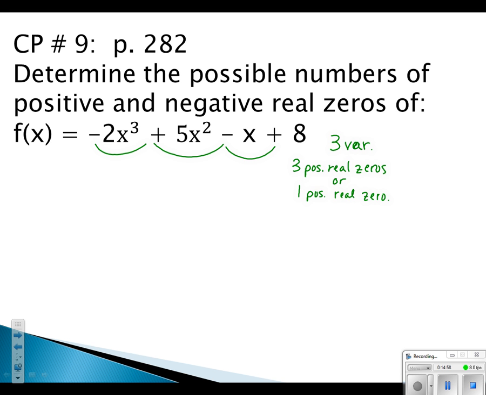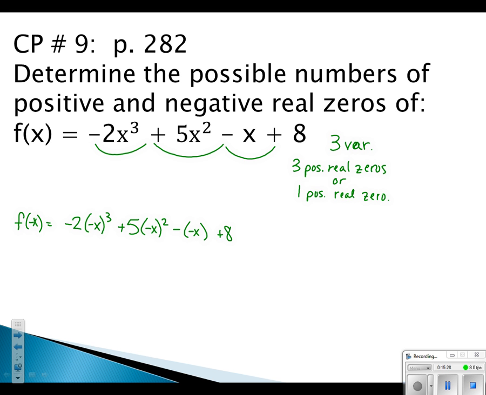All right, let's do the f of negative x. So plugging in negative x to our function. See how all I did for f of negative x was to replace my x's in the original one with negative x's? So if I have a negative 2 times negative x to the third, that's actually 4 negative signs.